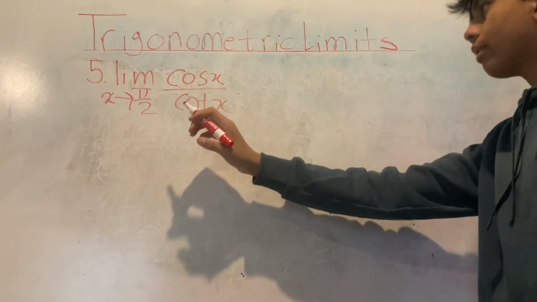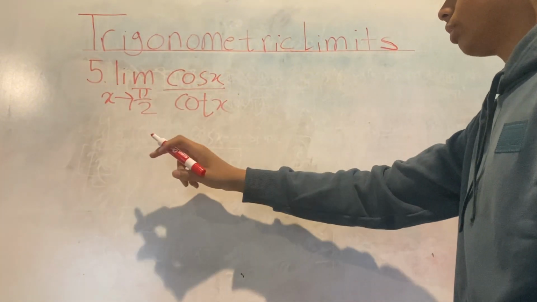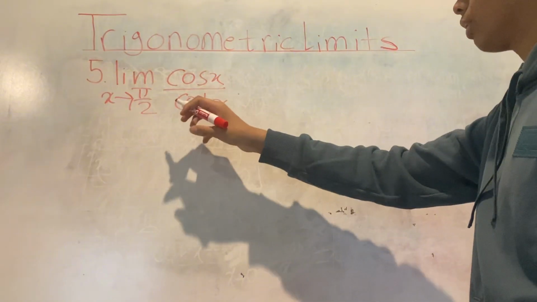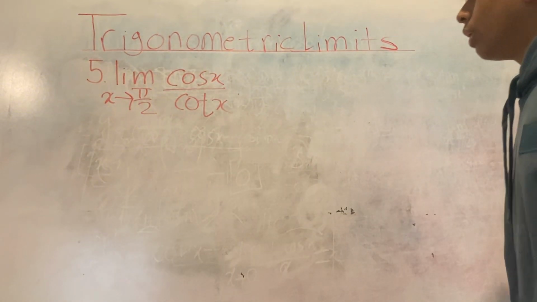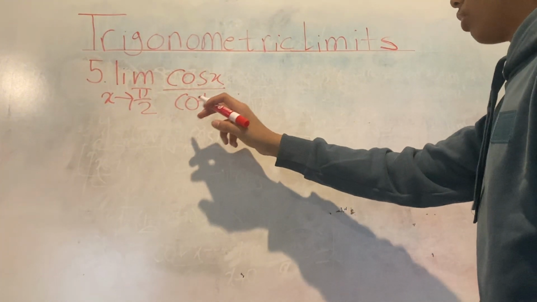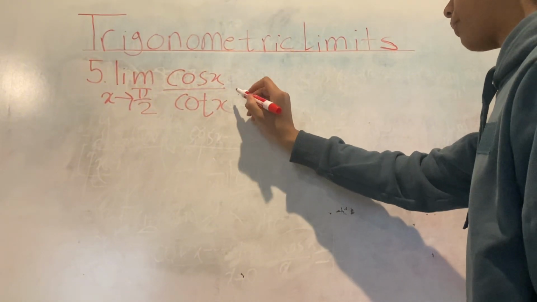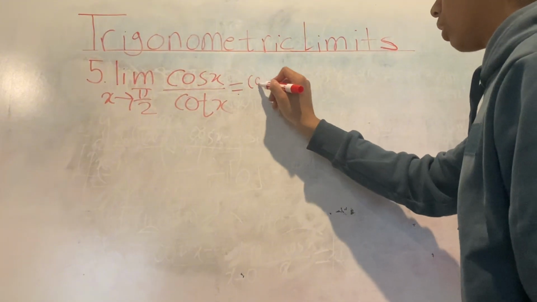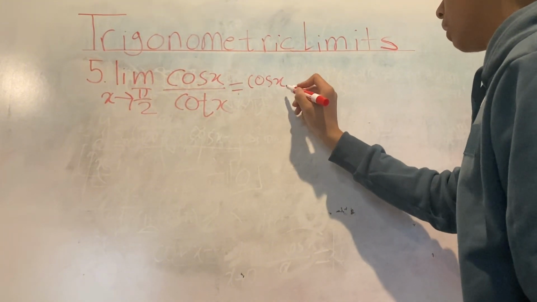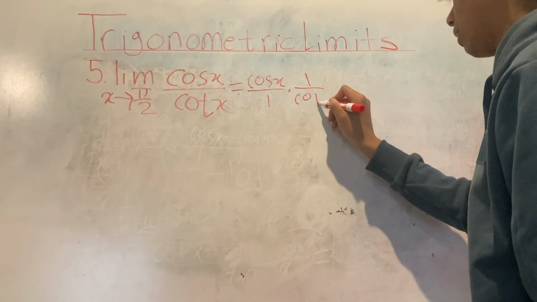Okay, so next one we have is something different. The limit as x approaches pi over 2 of the function cosine x over cotangent x. So the first thing we'll do is rearrange so we don't have cotangent in the denominator. So this is really cosine x over 1 times 1 over cotangent x.